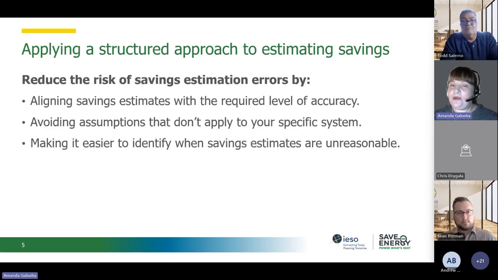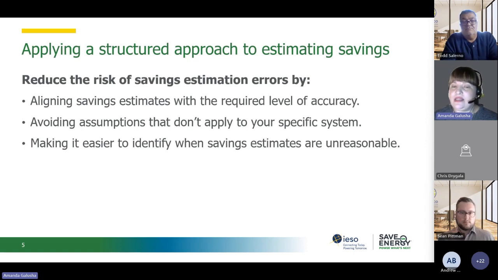For the second step, try to avoid making assumptions that don't apply to your specific system. A common pitfall in these situations is borrowing assumptions from previous projects or industry standards without fully considering if they fit your unique scenario. Every system and project is different, so take time to understand the details of your project before applying assumptions. And lastly, make it easier to identify when saving estimates are unreasonable.